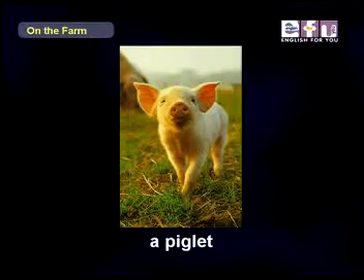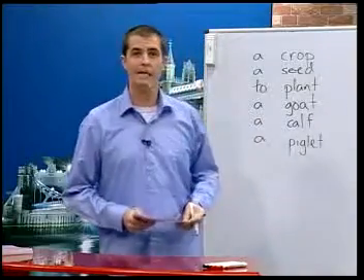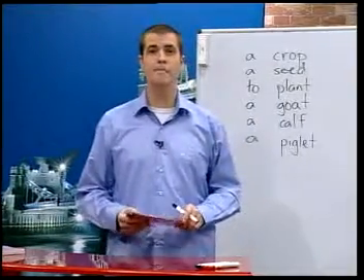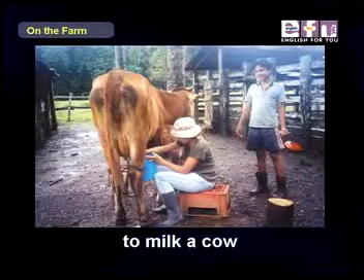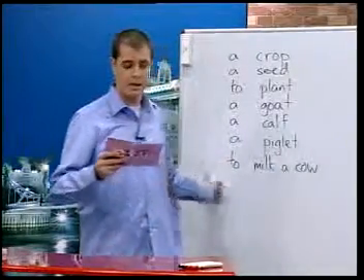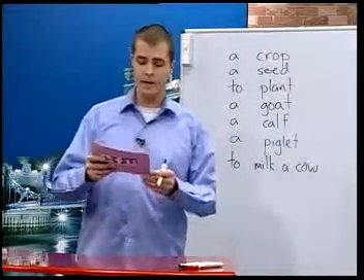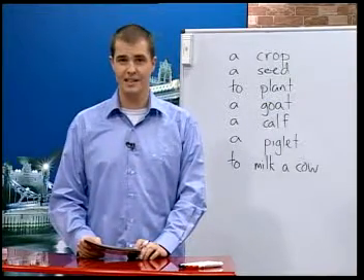A piglet. Well, maybe you can guess. A piglet is a baby pig. To milk a cow. To milk a cow means to get milk from a cow by pumping its udders.